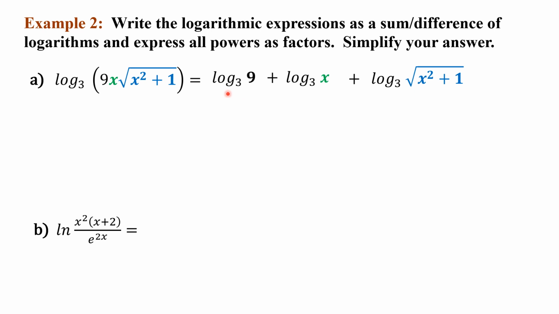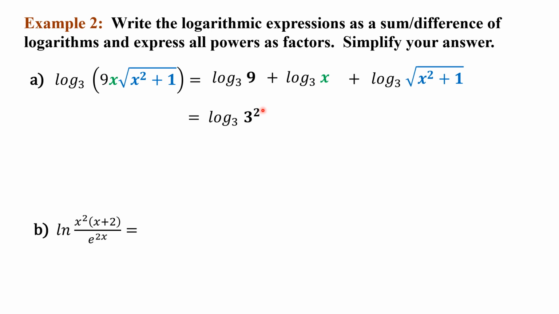And the first term can be evaluated because there's no x. We can use a calculator in finding this, or if you want, we can change this 9 with a base 3 so we can easily evaluate. So we can write this as log base 3 of 3 squared because 3 squared is 9. So we choose a base 3 because of this base 3. So the answer here would be this power, which is equal to 2.